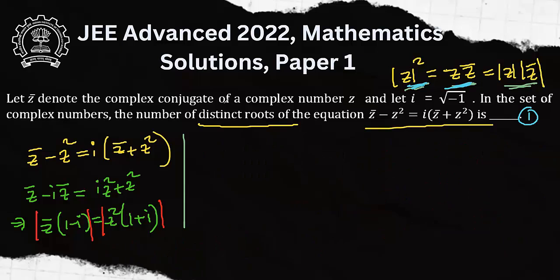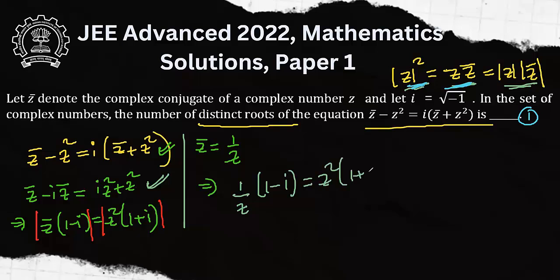Now that I know Z bar is equal to 1 upon Z, I can rewrite the original equation. I will write 1 upon Z times (1 minus I) is equal to Z square times (1 plus I).